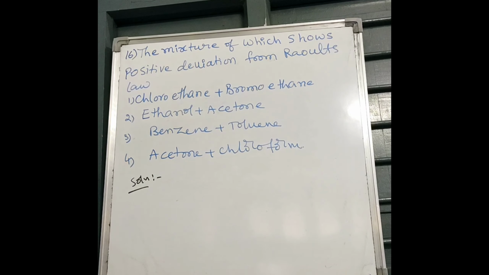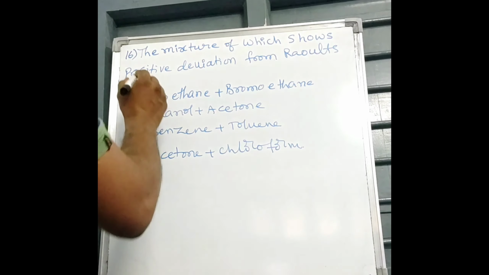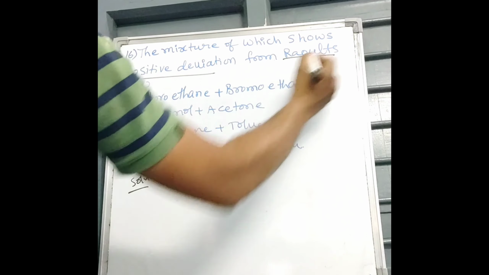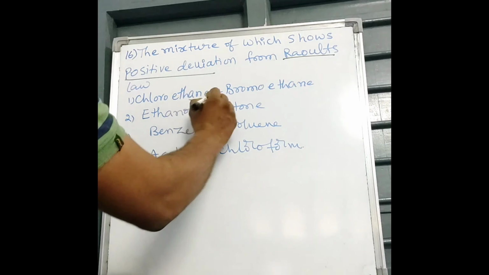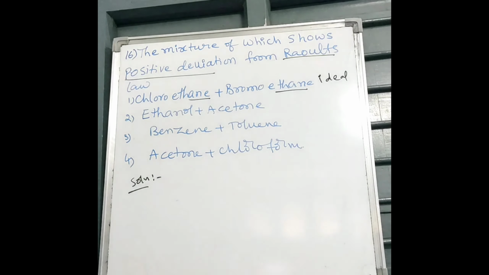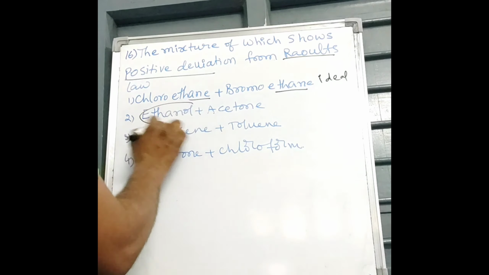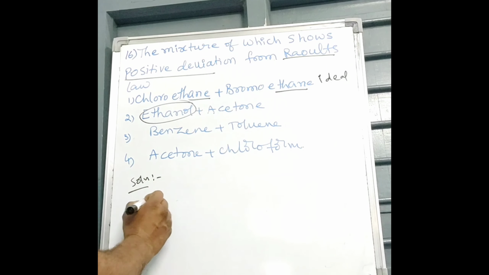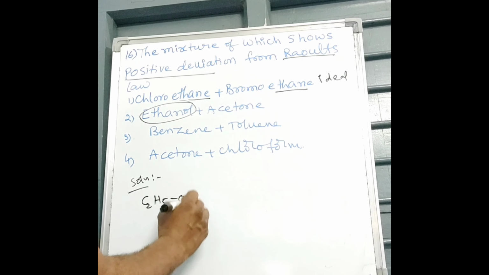The next question is from solutions. The mixture of which shows positive deviation from Raoult's law? See, option 1, chloroethane and bromoethane, is an ideal solution. The next option is ethanol and acetone. Ethanol means ethyl alcohol, in which we expect a hydrogen bond.